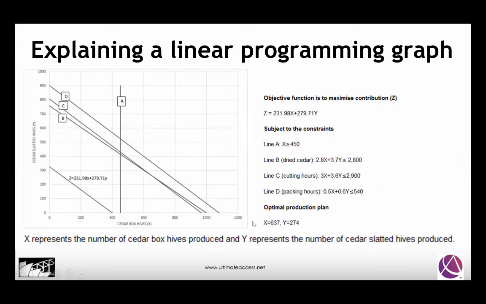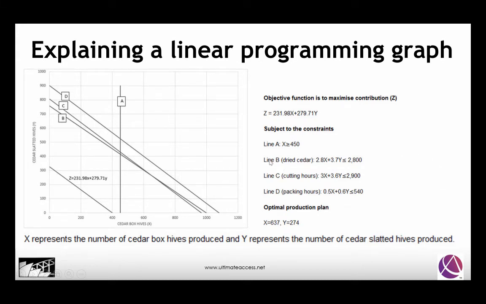Here is the graph, and you can see that they have presented you with, at the bottom, our optimal production plan line, and then here you've got the other various lines, and they tell you which they each are. So line A, X has got to be more than or equal to 450, indicating that we're looking at a minimum level of production, presumably because they've got a guaranteed sale.